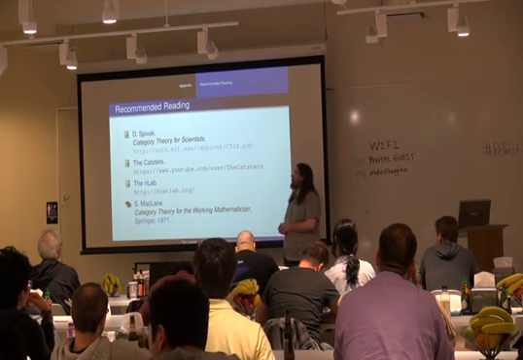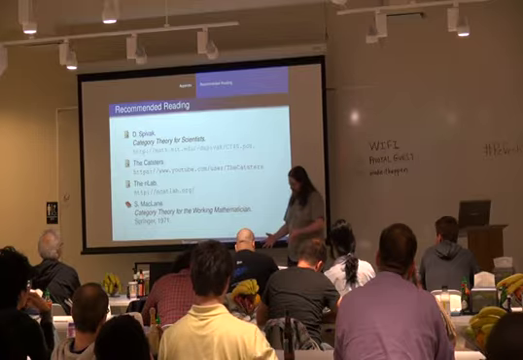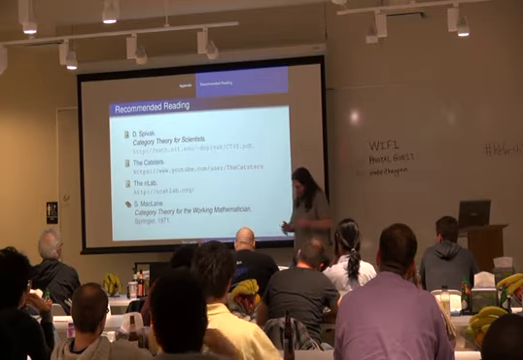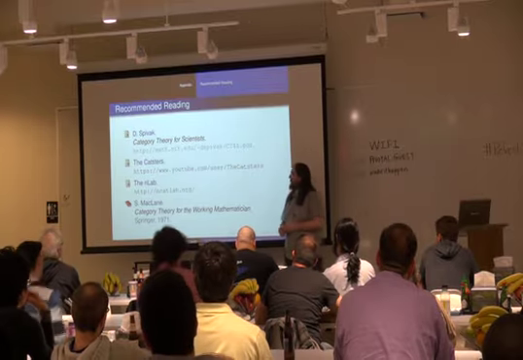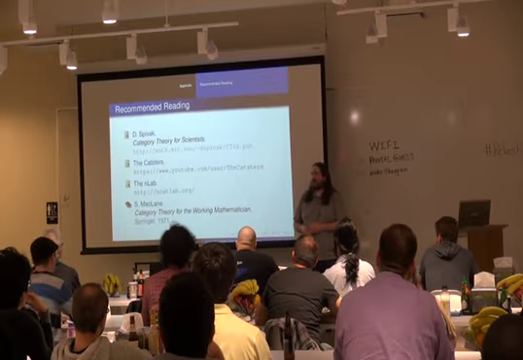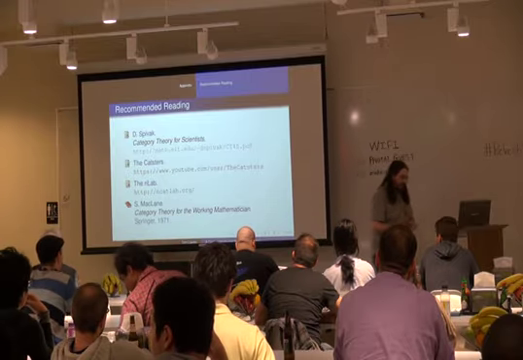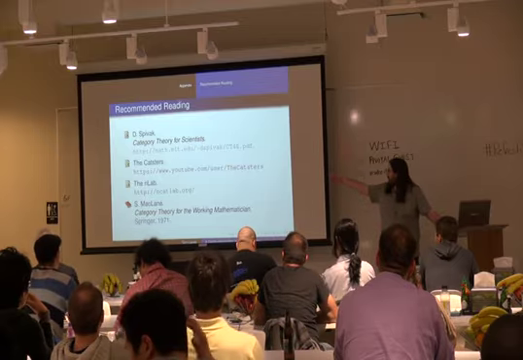It is a very nice basic introduction. It goes through things probably a lot slower and cleaner than I did today. And it actually shows that a category is exactly the same thing as a database schema. If you want to know more about that, we can talk at the bar.